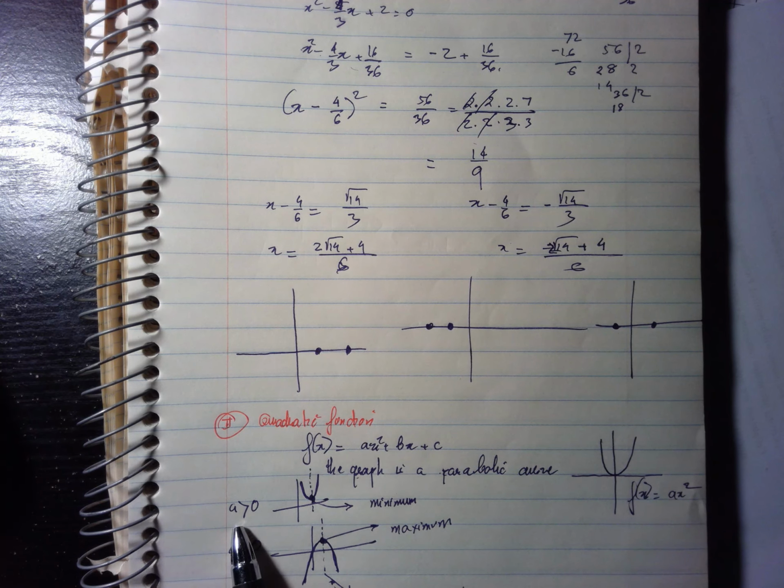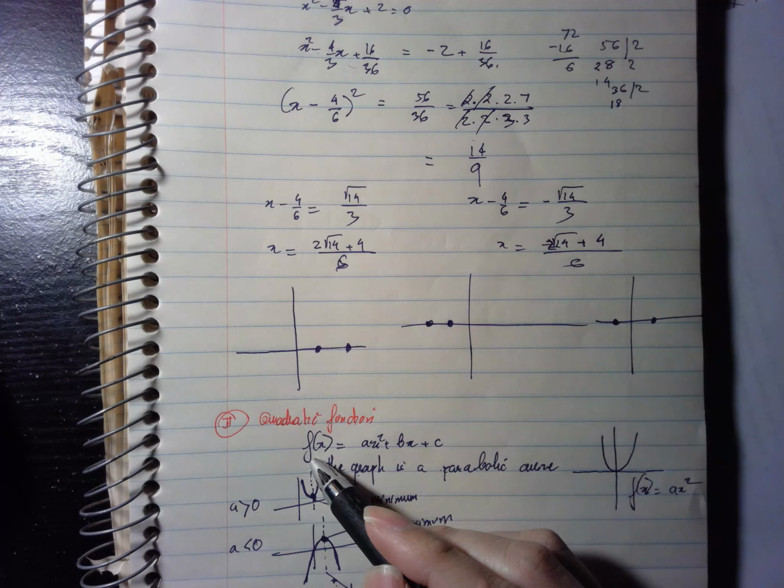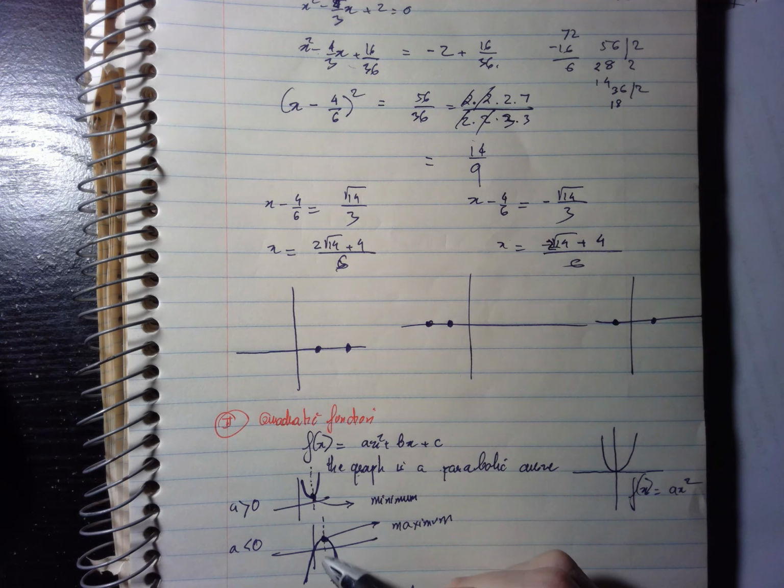If a is greater than 0, it's going to open up and we have a minimum. If a is less than 0, it's going to open down and we have a maximum. And we also have the axis of symmetry that goes through the vertex of the parabola. Okay, so in this video we're going to investigate quadratic functions further.